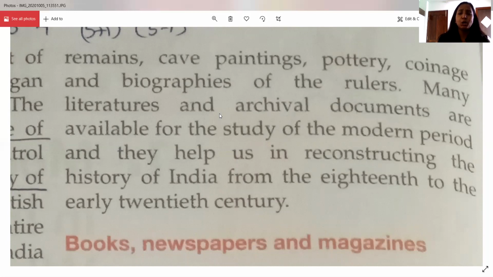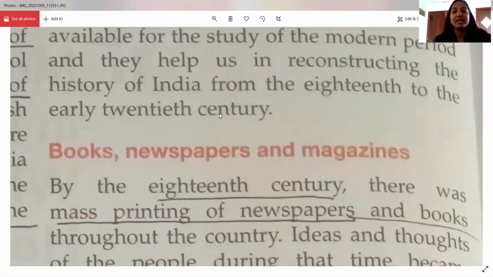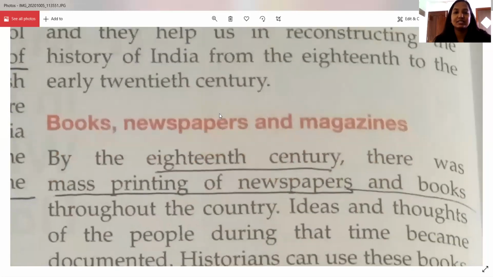So all this led to a lot of writing, which led to a lot of records, which we have as of now for knowing about the modern period. So there are a lot of documents available to study the modern period. And because of this, we can easily reconstruct the history of India during the modern period, that is from the 18th to the 20th century.